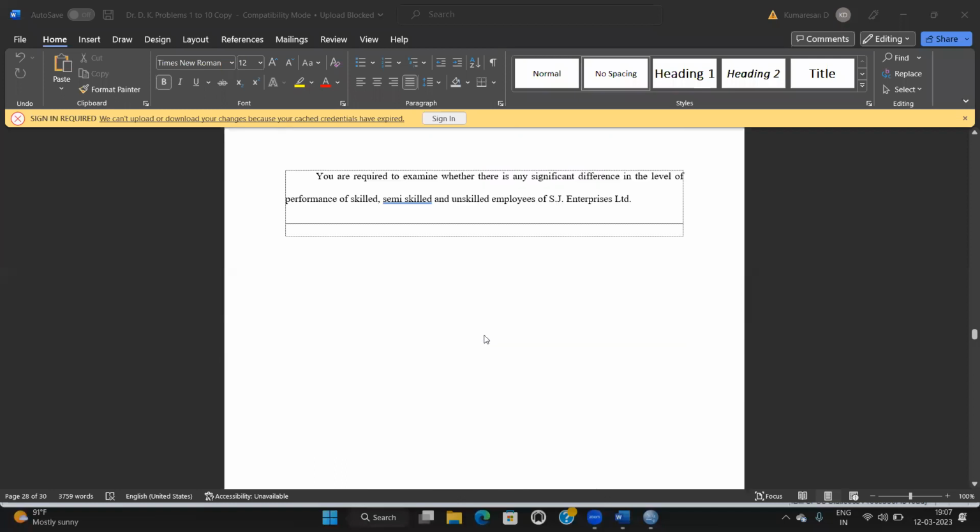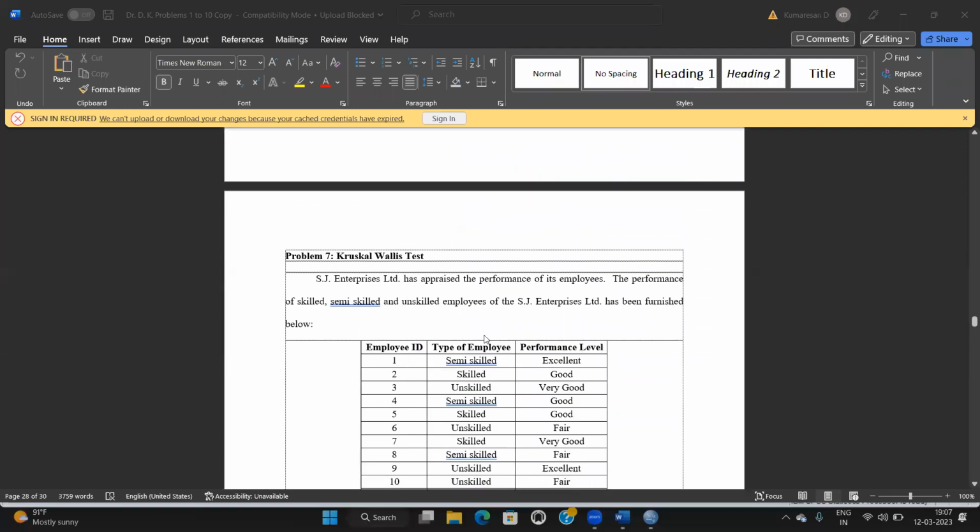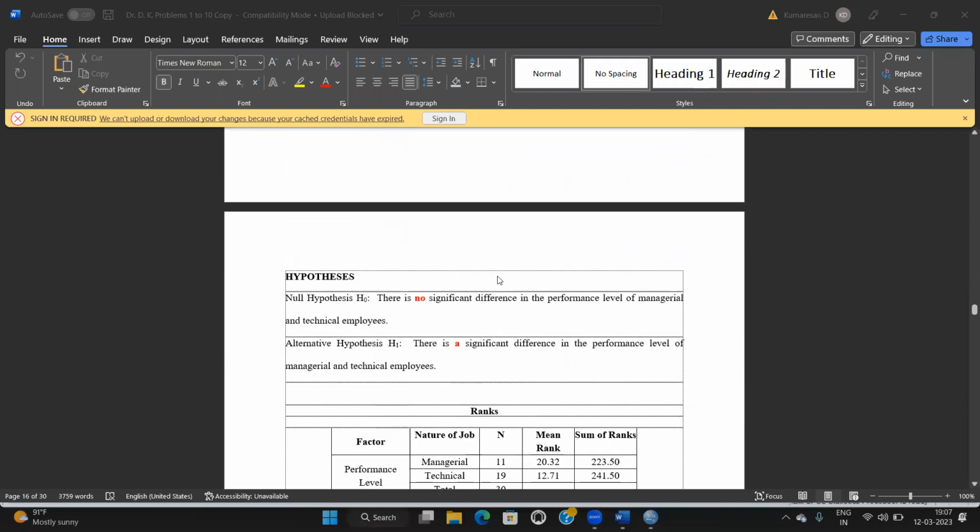Number 3, Wilcoxon test. Number 4, Friedman test. And the last one we are going to discuss today is the chi-square test.